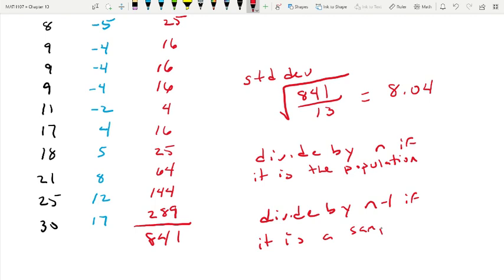So if my set of numbers represents all the numbers, then we would divide by n. If my set of numbers is only a sample of the entire population, then we would divide by n minus 1. Right? Okay.